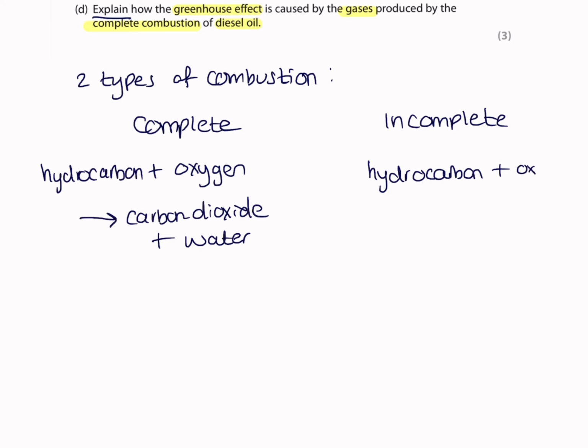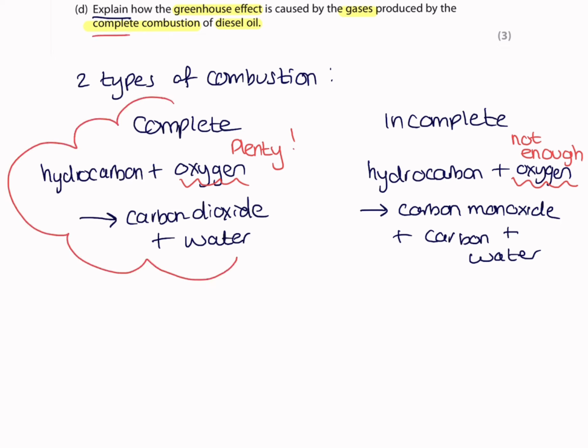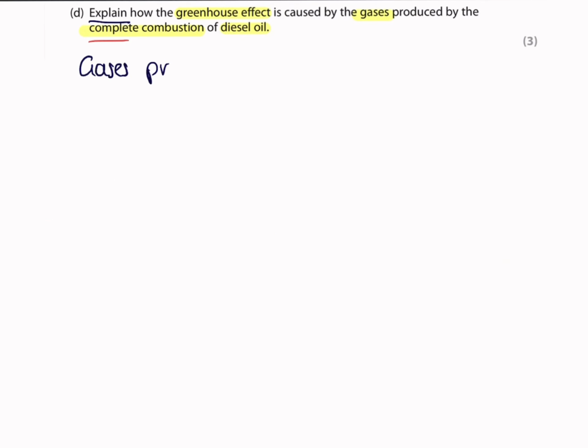We've got hydrocarbon again plus oxygen gives you carbon monoxide plus carbon plus water. The difference between these is to do with the oxygen, and it's that the complete combustion has plenty of oxygen and the incomplete doesn't actually have enough oxygen. But today we are just concentrating on the complete.